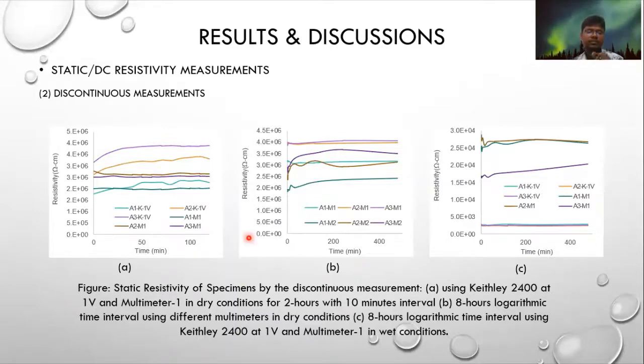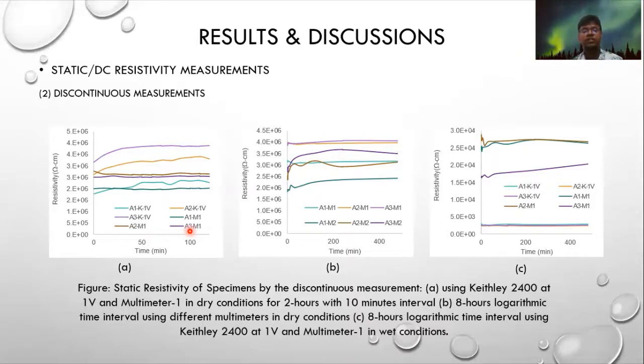What you can see is that for a single specimen, we are getting a consistent resistivity value over time. However, if we change the instrument, then the resistivity does not remain fixed.